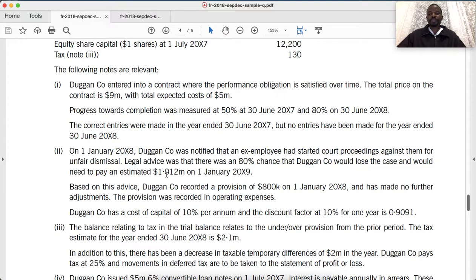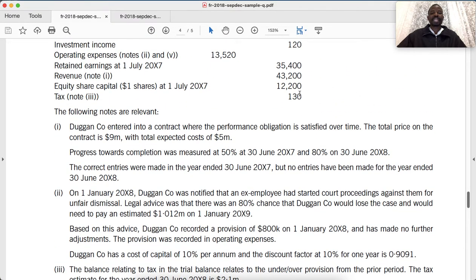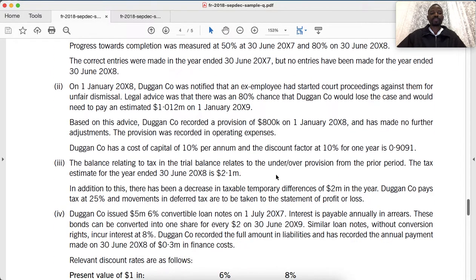Let's continue. Note number 3. The balance relating to tax in the trial balance relates to the under or over provision from the prior period. We have already dealt with this 130 as the over provision.